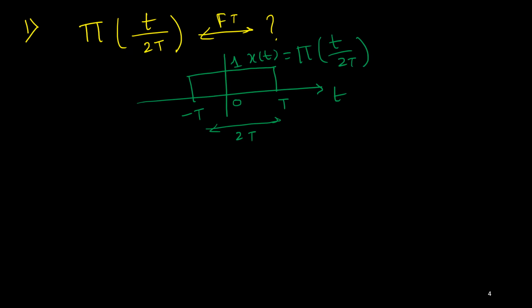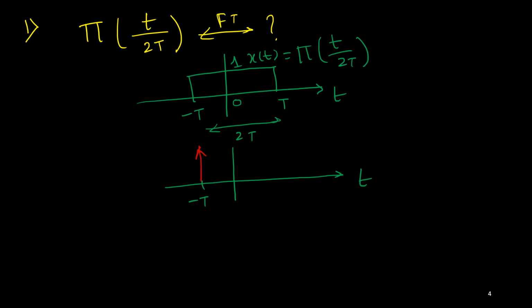Now if I take the derivative of this signal with respect to time, then when t is less than minus T, it was 0, so the derivative is 0 also. But at t equals minus T, there is a sudden change from 0 to 1. That indicates that the slope is infinity, so you will get one impulse here.